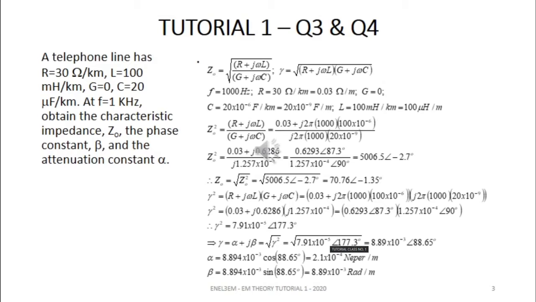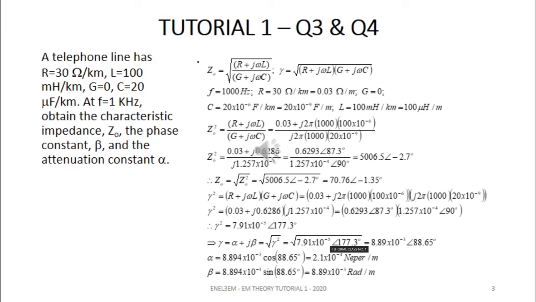G is equal to 0. C is equal to 20 times 10 to the minus 6 farads per kilometer, which is 20 times 10 to the minus 9 farads per meter. L is equal to 100 millihenries per kilometer, which is 100 microhenries or 100 times 10 to the minus 6 henries per meter.